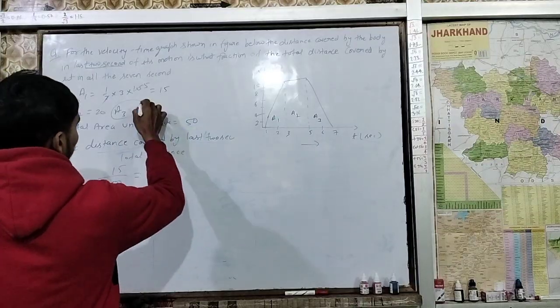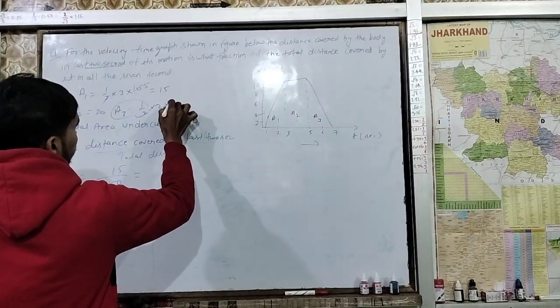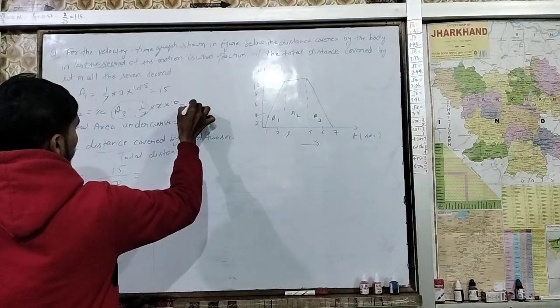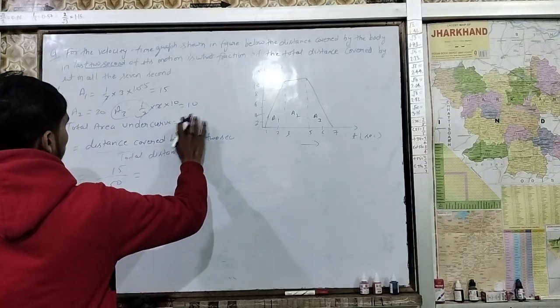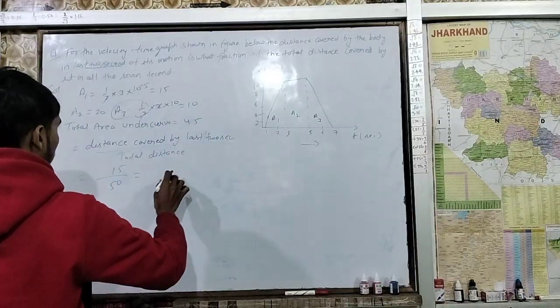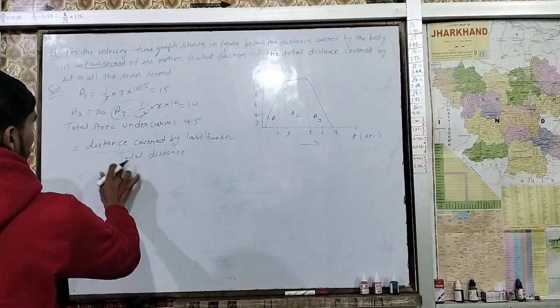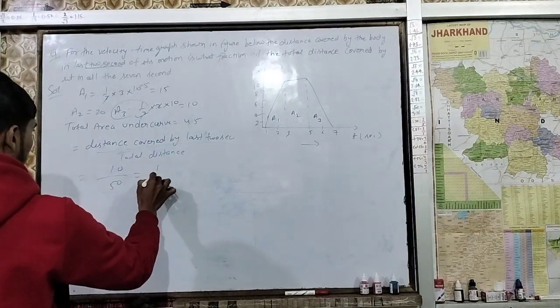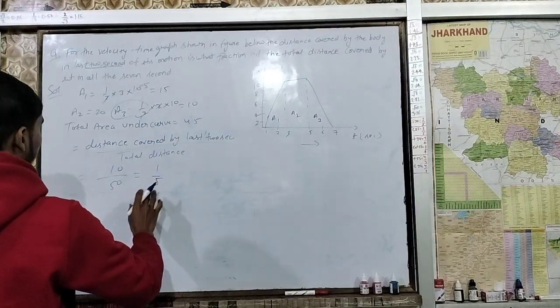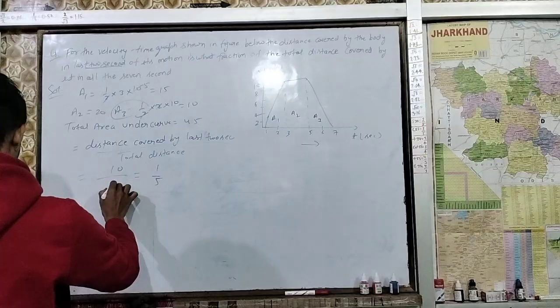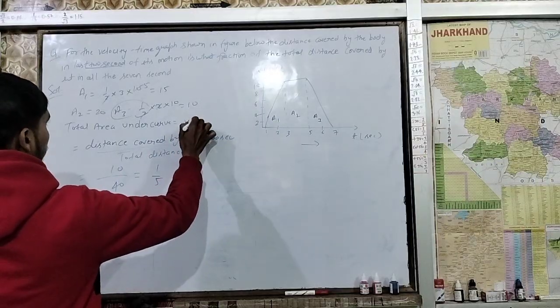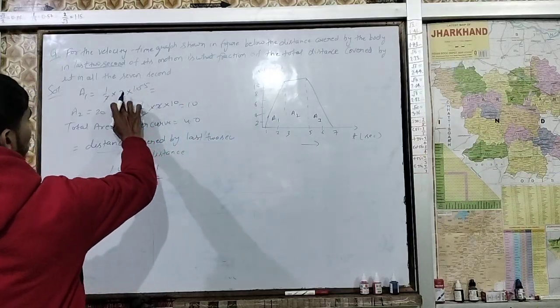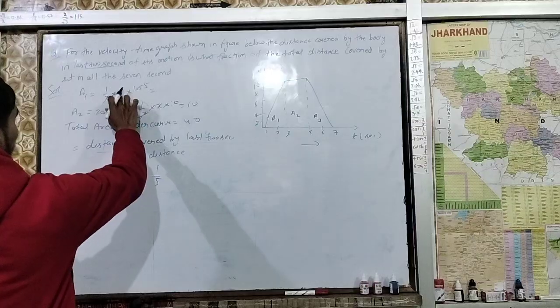A3 is how much? 1 by 2 multiple 10, so this is 10. This will become 10 by 50, so 1 by 5. But hold on, this is 40. Why? Because of this.